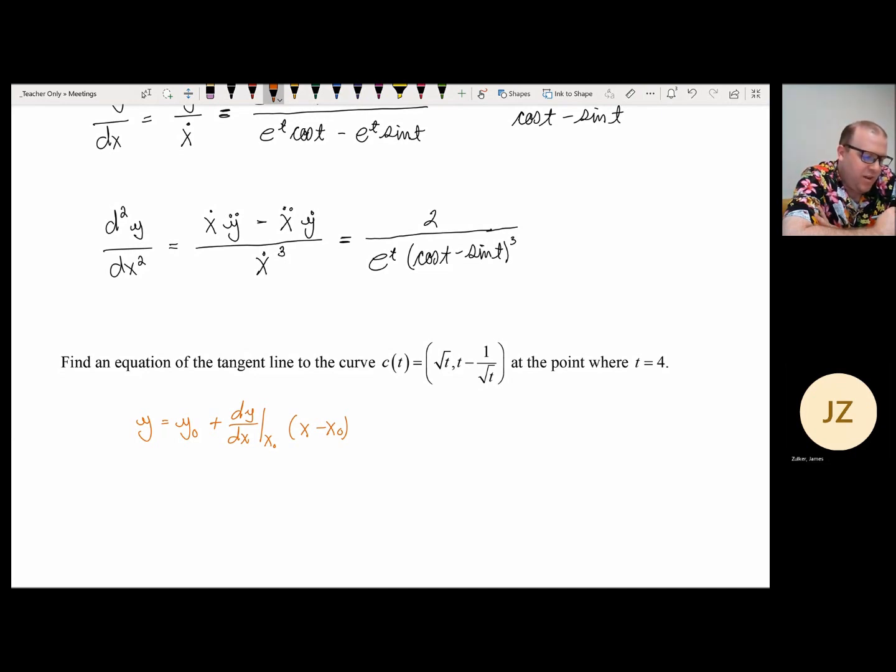That means there are what? 3 things we have to find.